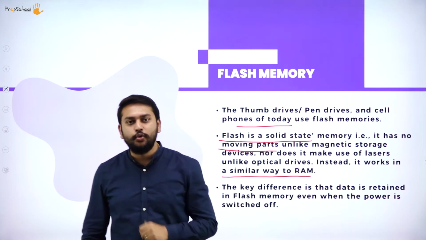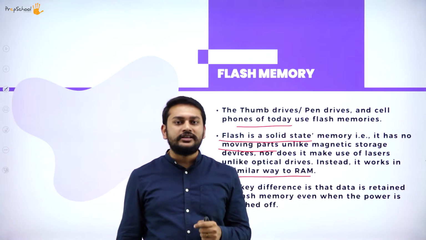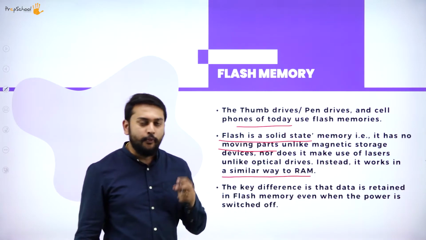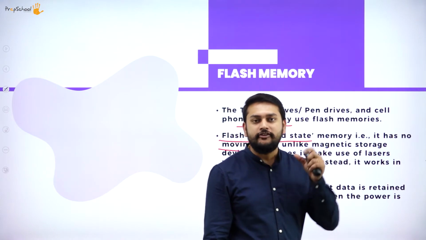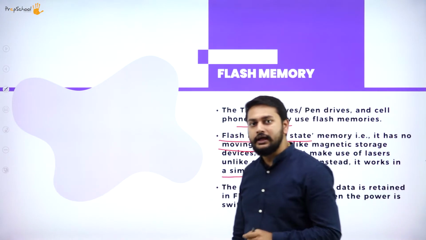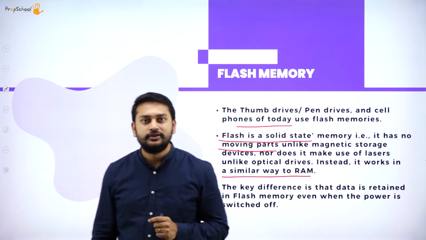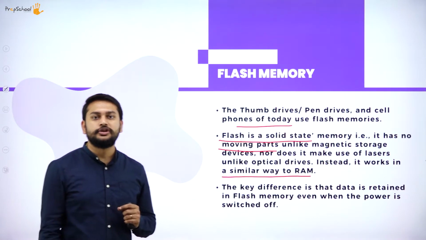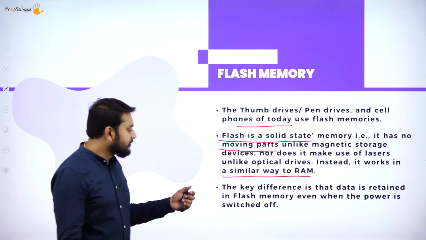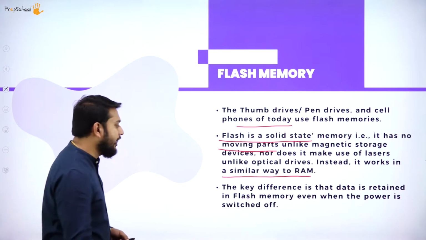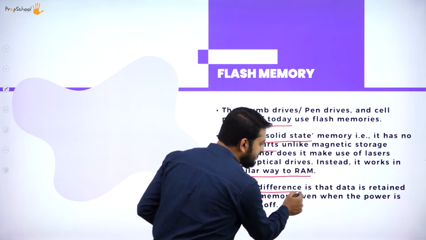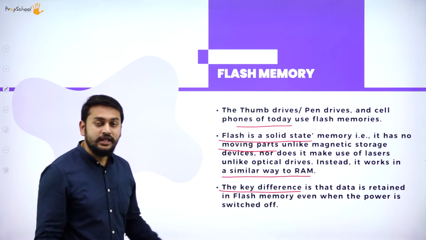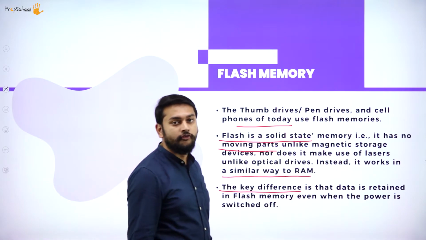Point number one that you have to remember: it's a fast memory like RAM. Point number two: it does not have any moving parts like the hard disk. That's an important thing that you should remember. And the third point, the key difference, is that the data is retained even if the power goes off.